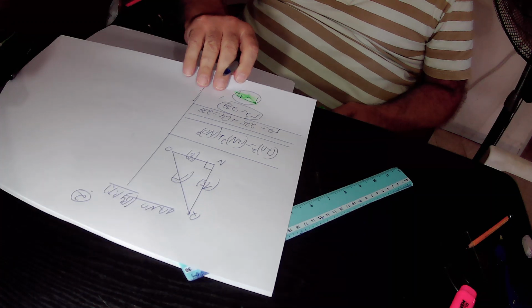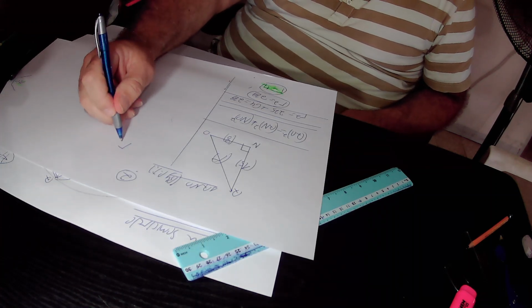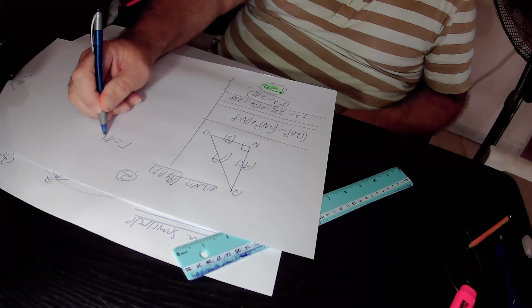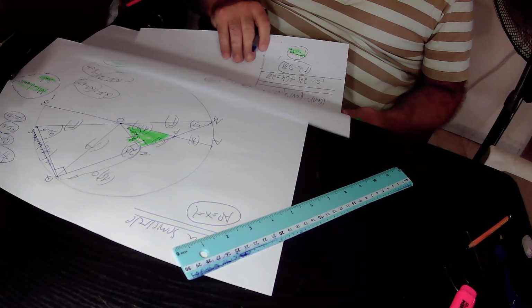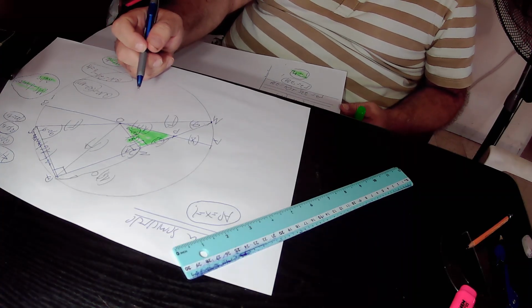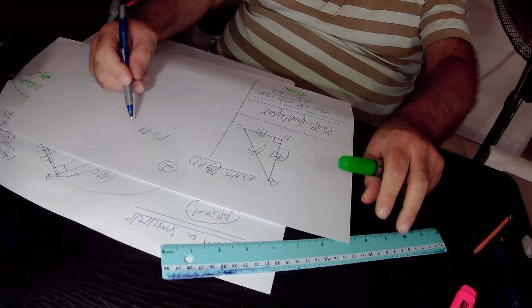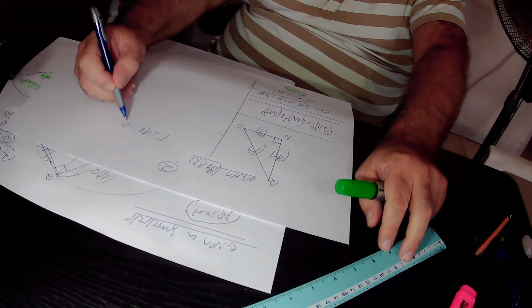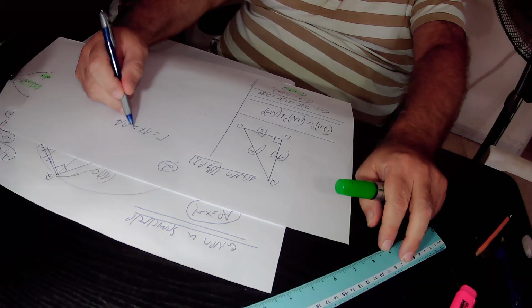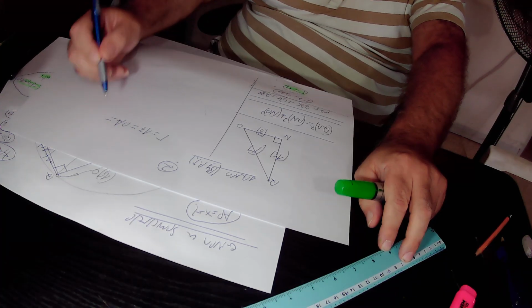Okay, so R equals 17 units in length. OA is also the radius of this circle. So the radius R equals 17, and OA is also the radius of the circle, which equals 17 from one side.